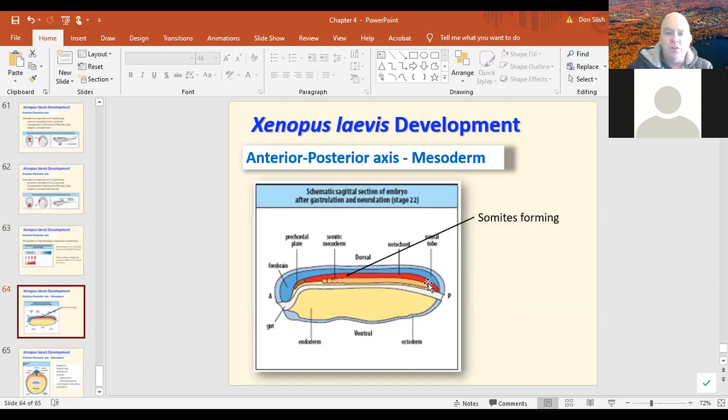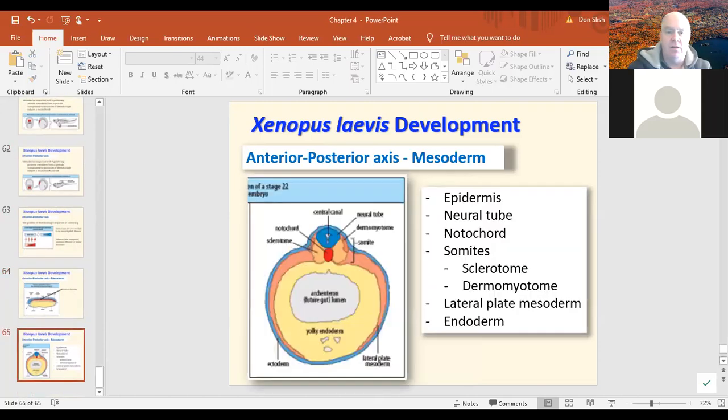Somites are laid down as a solid block of tissue on either side of the nodal cord. Then later in neurulation, that solid bit of tissue starts to block off as individual somites. These are like the body segments, basically, going from anterior to posterior.